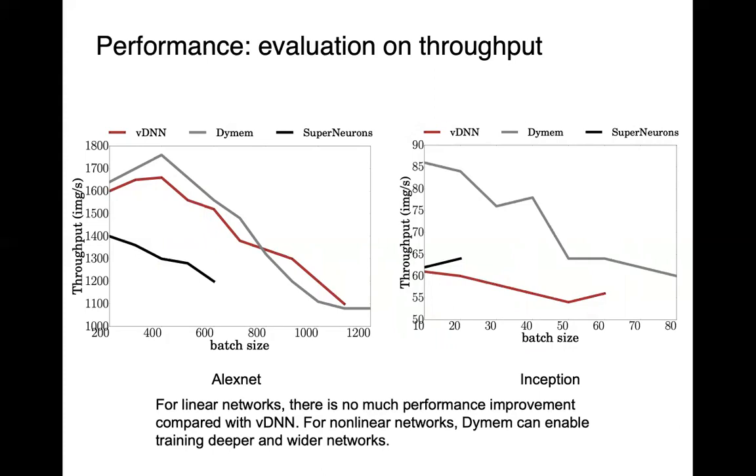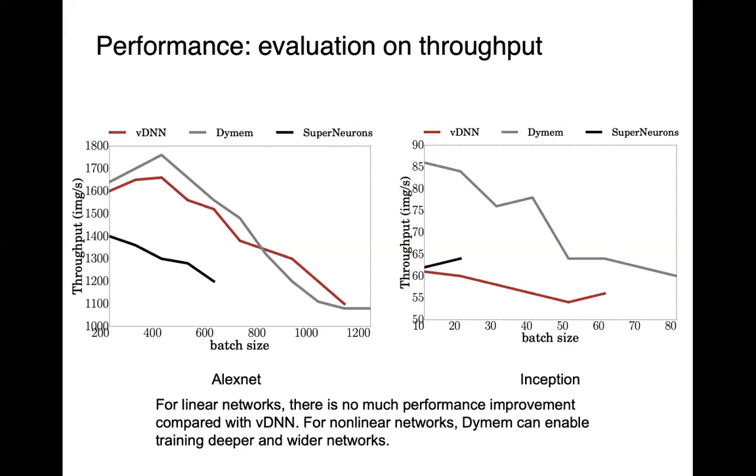For linear networks like AlexNet, there is not much performance improvement over vDNN and SuperNeurons because these networks are composed of simple and sequential layers. The performance improvement for nonlinear networks, for example Inception, can be achieved by improving the communication and computation ratio, because DiMax can better utilize the bandwidth of PCIe.